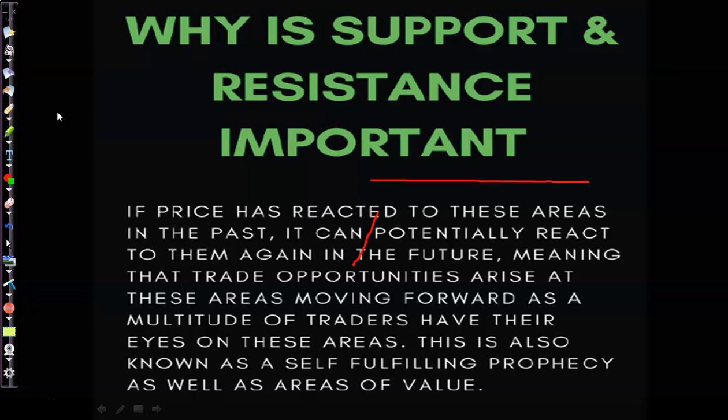First, price hit and reversed back, acting as a resistance, and when price approaches this line again, there is a potential that price may react again as a resistance, and we can enter this market for a short. So that is why support and resistance are important.